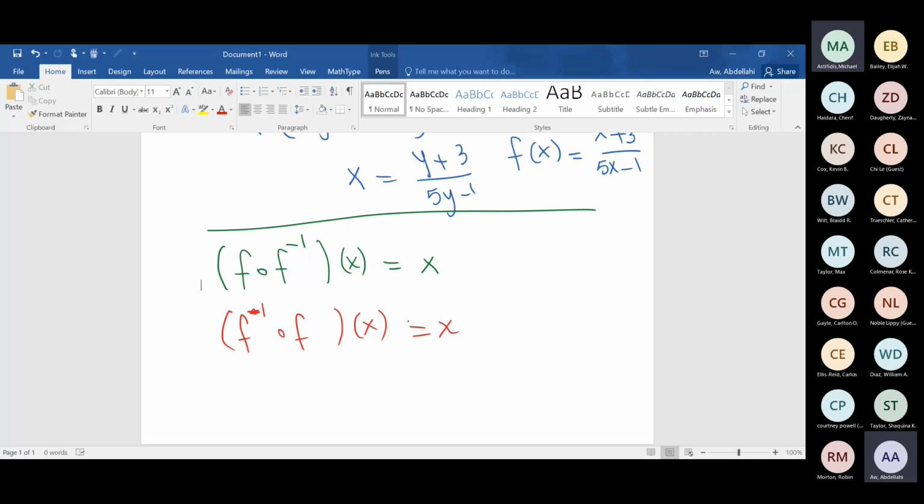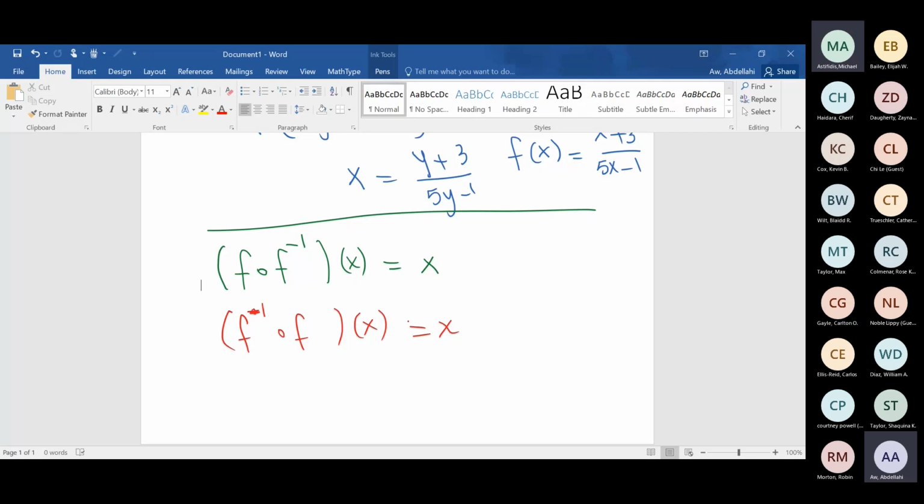The green x should belong to the domain of what function? Look at the green formula. Which function was applied first to x? The f minus 1 of x.